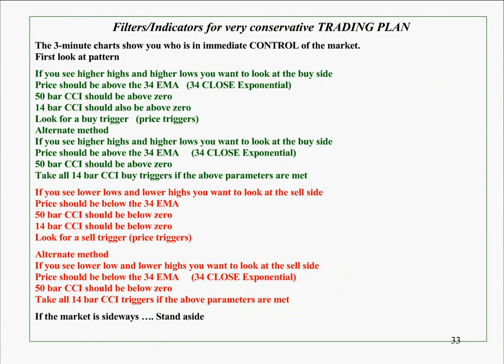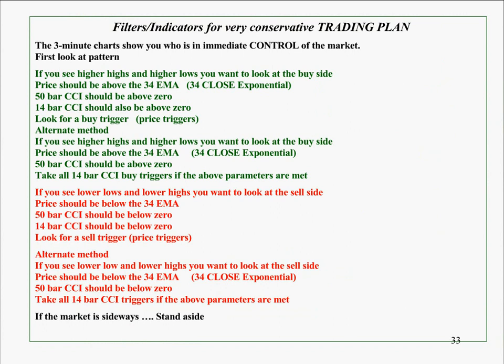If you want an extremely conservative trading plan, you won't see a lot of trades that will set up this way most trading days. You might get just one or two. But this is just an example of something you could use. If you see a pattern of higher highs and higher lows, you want to look at the buy side.